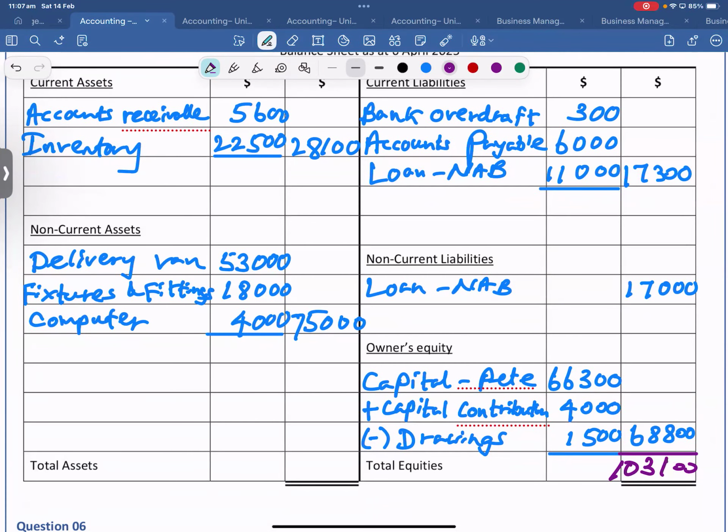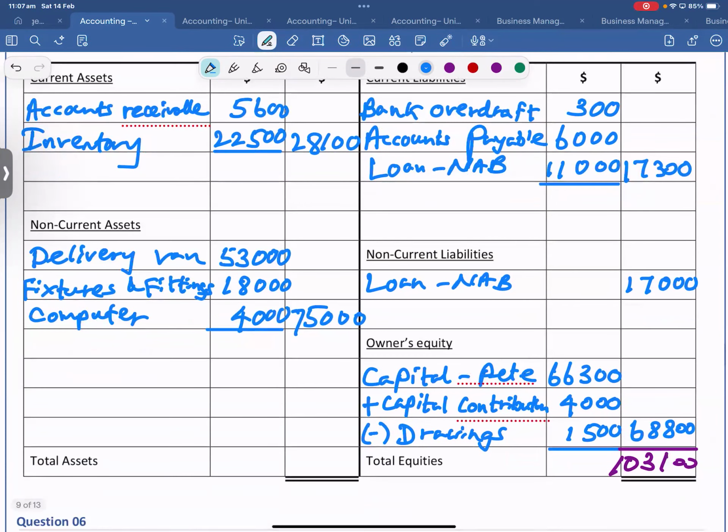This one should be 100. Right? And then I'm getting here 103,100, balance into 103,100.